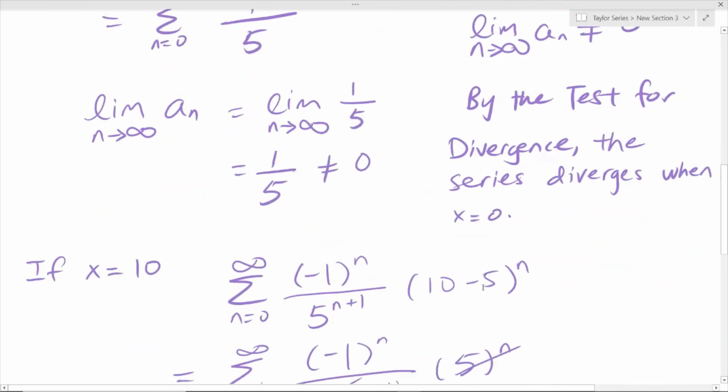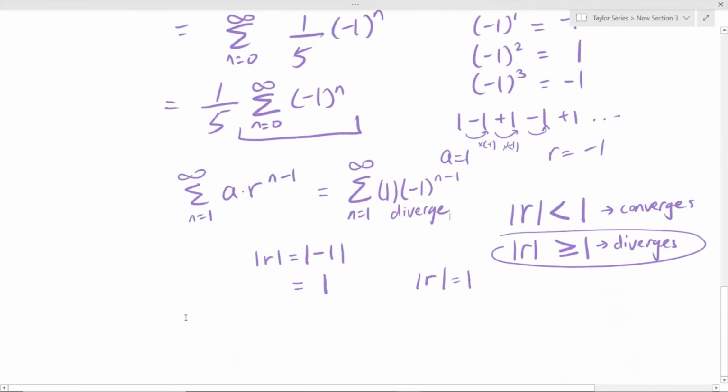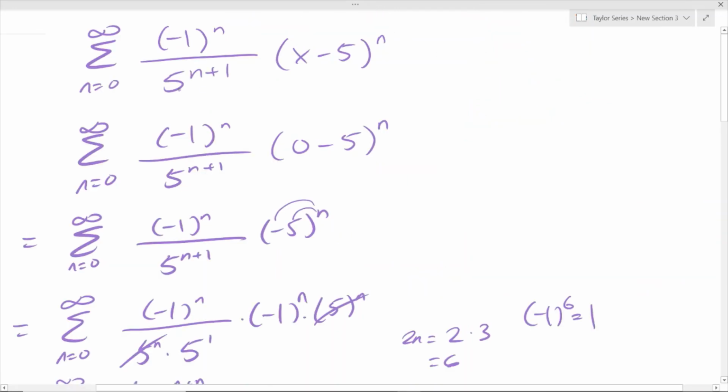So the series diverges when x equals 10 and when x equals 0. So the interval of convergence for this series will not include 0 and 10, so we use round brackets here, (0, 10), to illustrate the interval of convergence not including 0 and 10 for the values of x.